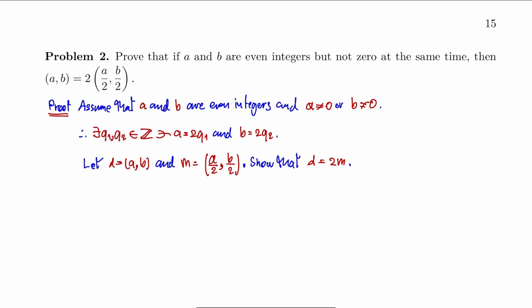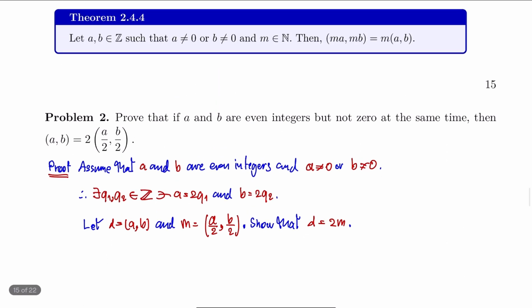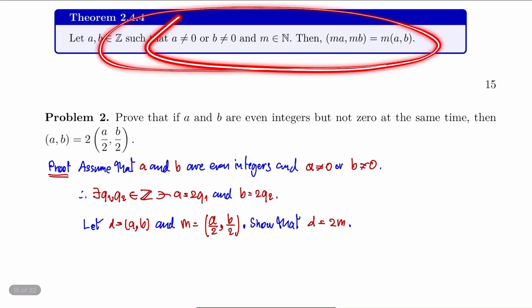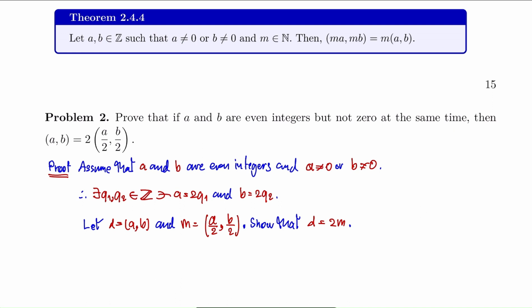The next thing I'm going to do is to apply this theorem. If you let a and b be integers such that a is not 0 or b is not 0, and m is any integer, then you have the greatest common divisor of ma and mb equals m times the greatest common divisor of a and b.